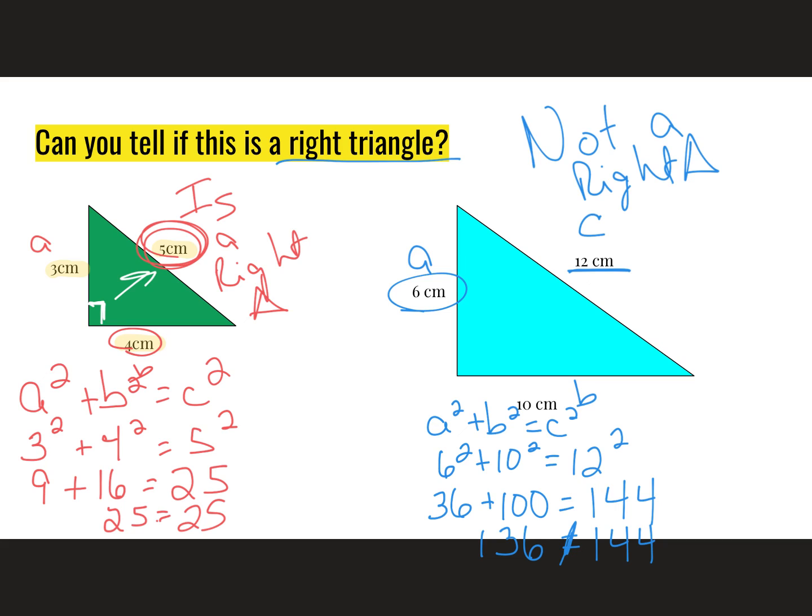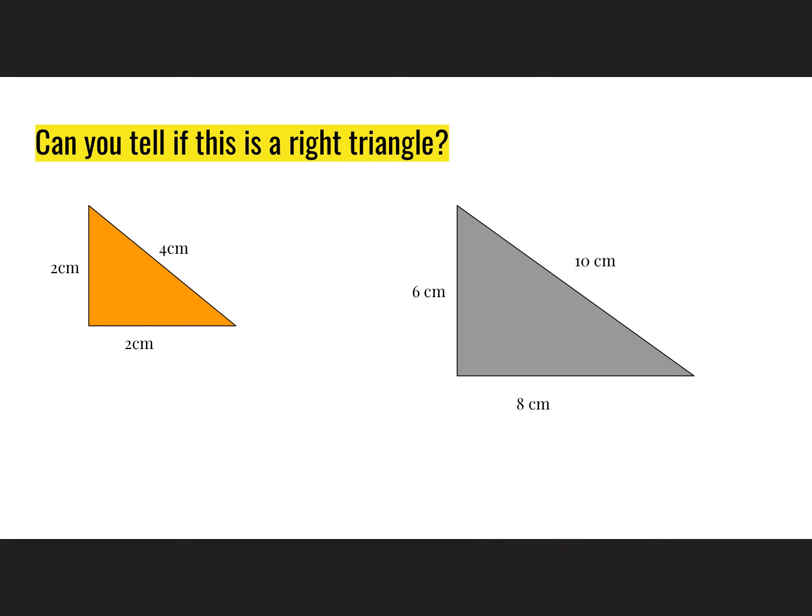That's how we can use the sides to tell. Let's try two more examples real quick. So here, again, my longest side must be my hypotenuse. That'll be my side C. Here's side A and B. So I have A squared plus B squared equals C squared. You notice every time I start by writing that.